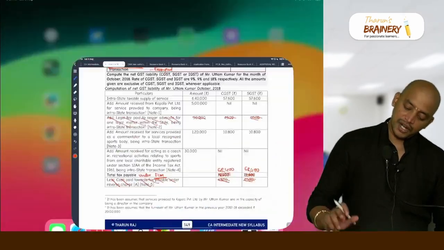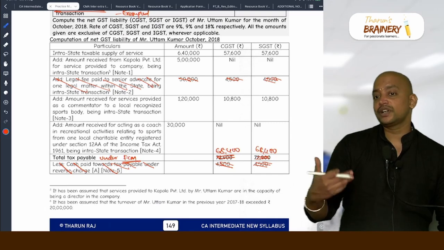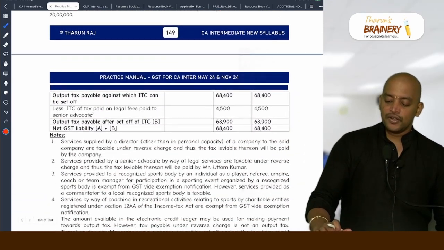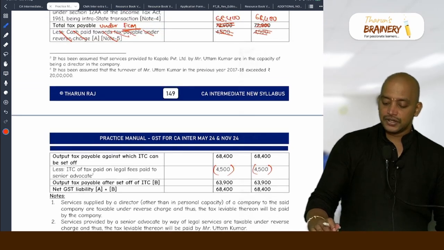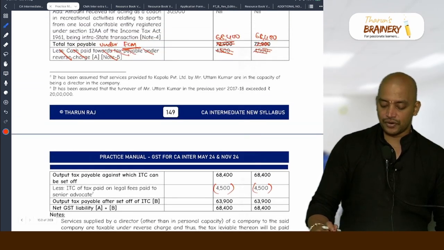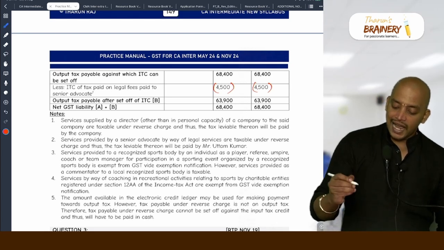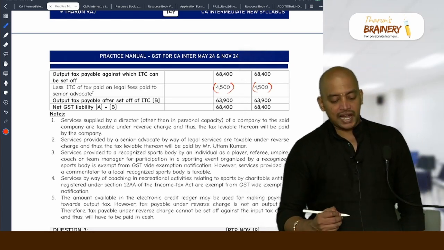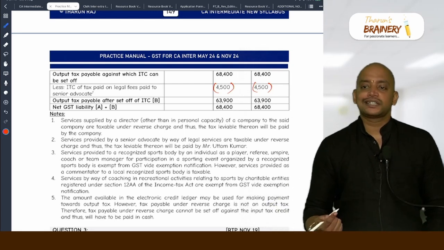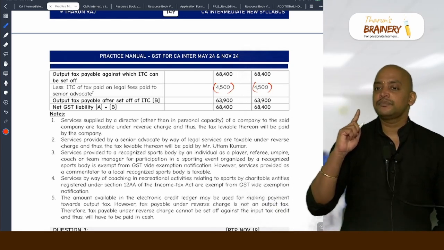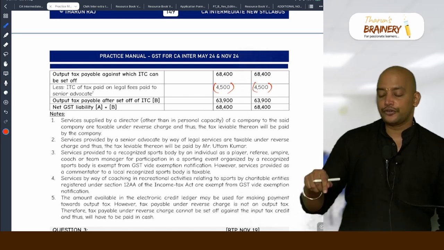So we did the FCM liability only now. Now ITC we will set off. What is the ITC that we have? 4,500 and 4,500 we set off. So 68,400 minus 4,500, 4,500. Again we need to add back the RCM liability. Why do we need to add back the RCM liability? For RCM inward supply, you should not use input tax credit, you have to pay.